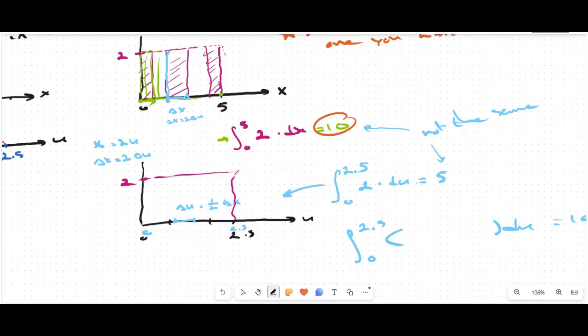Well, we go to one of these little rectangles over here where I try to set up my Riemann sum in u. When I set up this Riemann sum, that rectangle is going to have a height of 2 and a length of du.